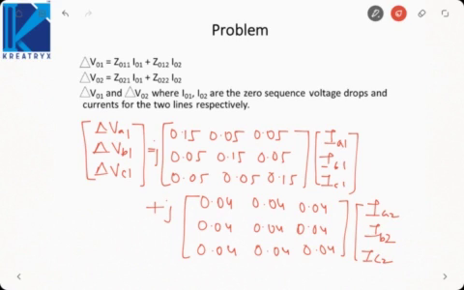Now we are only interested in the zero sequence component or the zero sequence impedance.